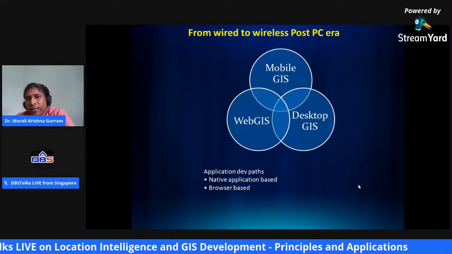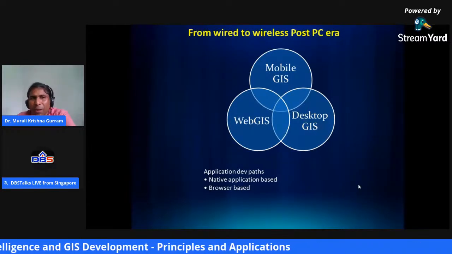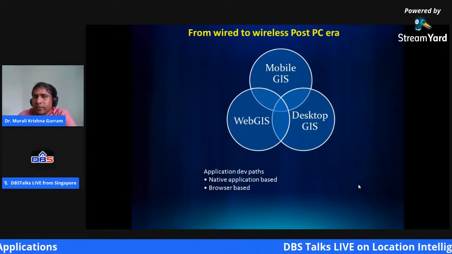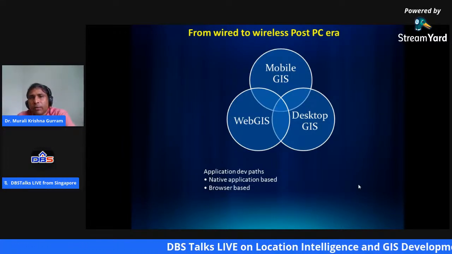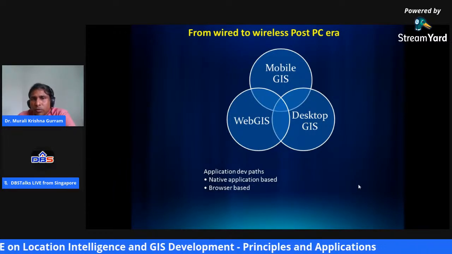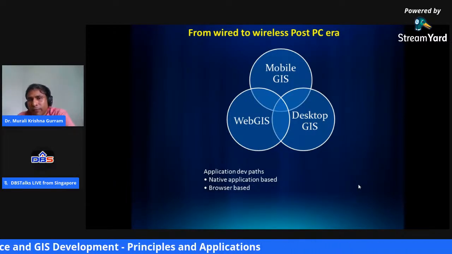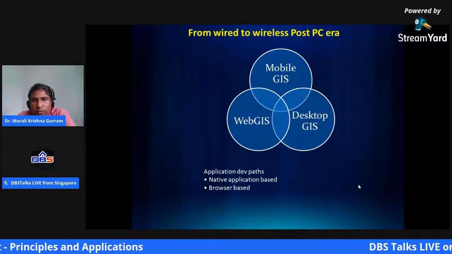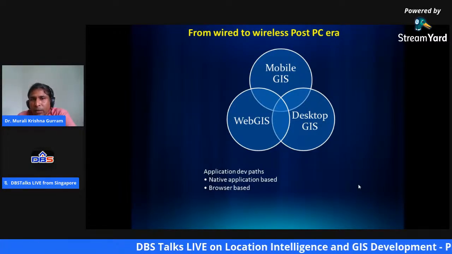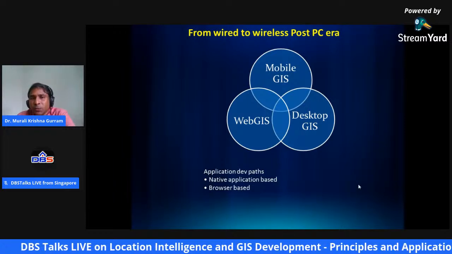Now it is, as I told you, an amalgamation of mobile GIS. Let us not even talk about GIS here, but anyway, we are talking about web, desktop and mobile. The different platforms are in fact combined together, and lots of development paths are available. You need not stick to a specific development path.